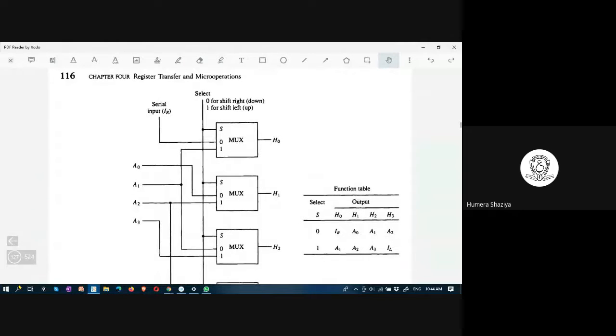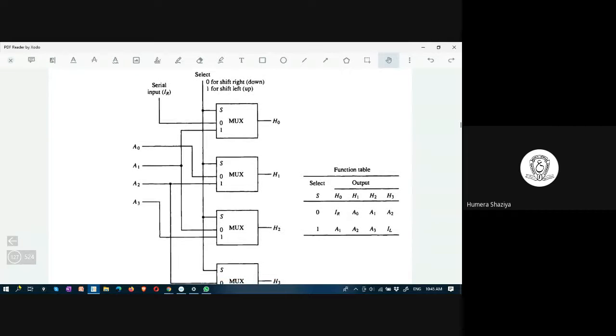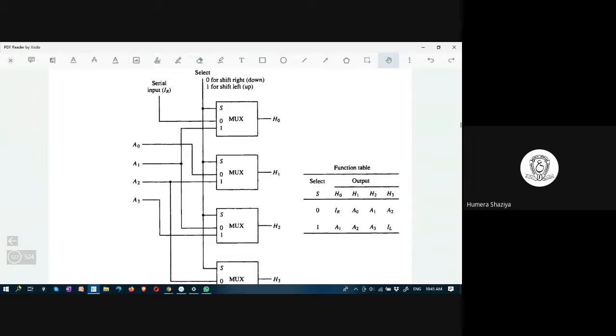This circuit has got 4 multiplexers, and the multiplexers each have 2 inputs, each one is 2 by 1: 2 inputs, 1 output. For 2 inputs, how many selection lines do you require? Only one. So this is the select line. Select line S is common to all the multiplexers.